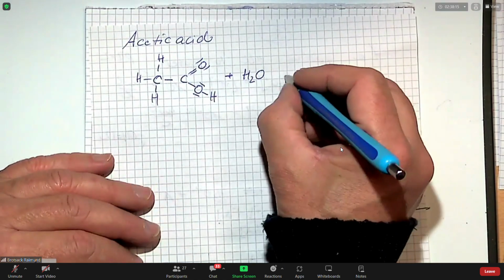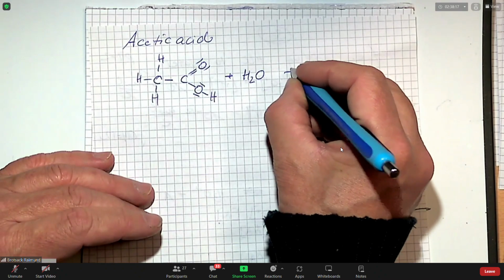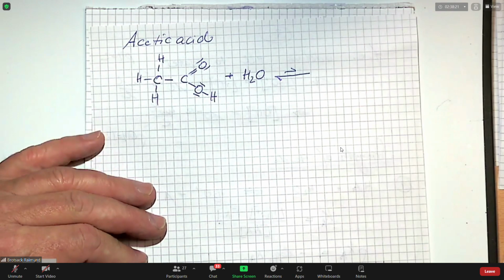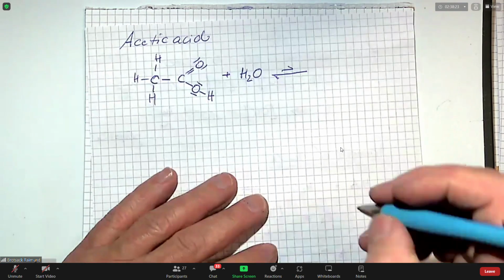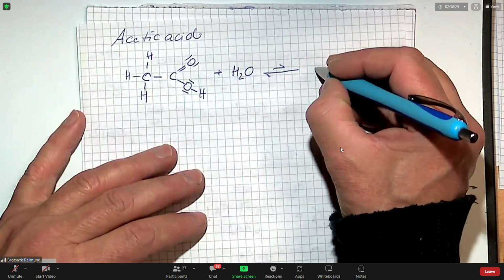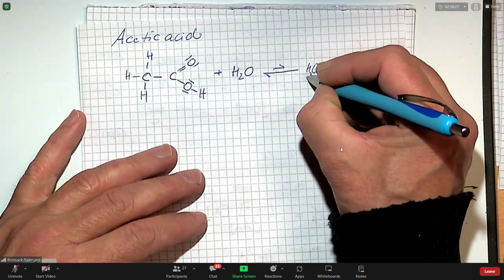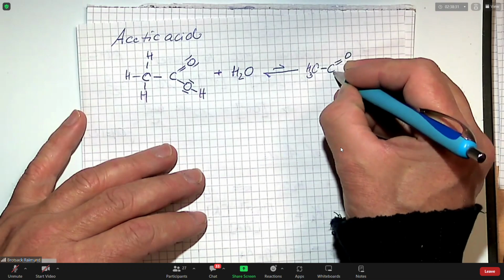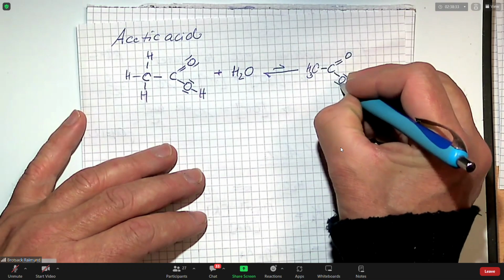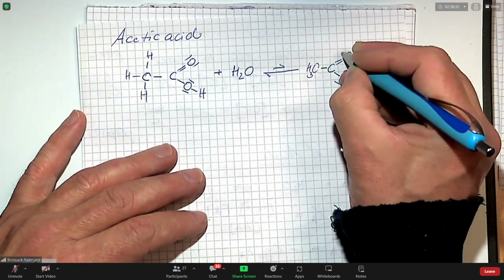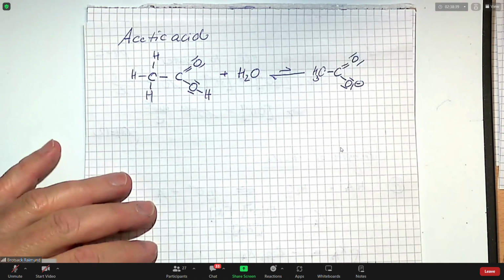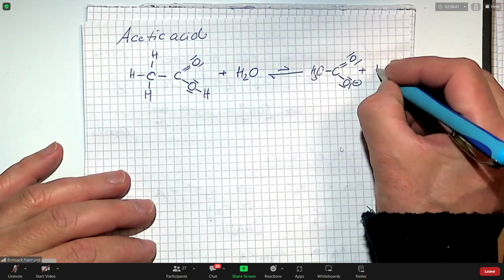We are not sure about it, but we know it is a weak acid. It will be more on the left side. And we will have the CH3COO minus plus H3O plus.